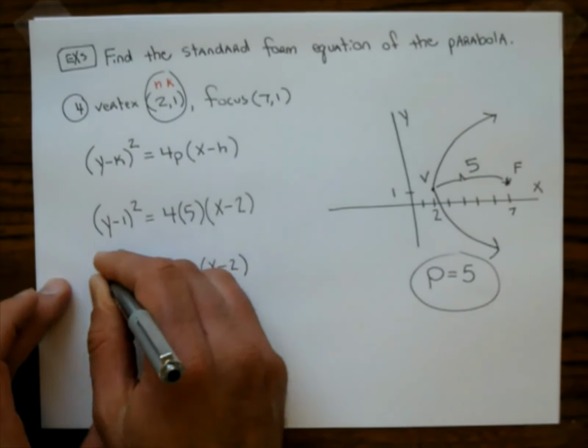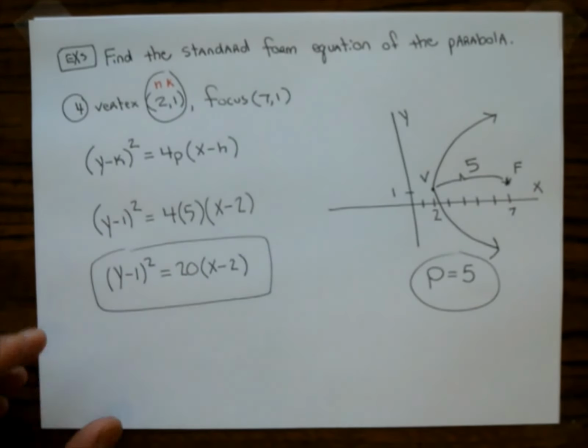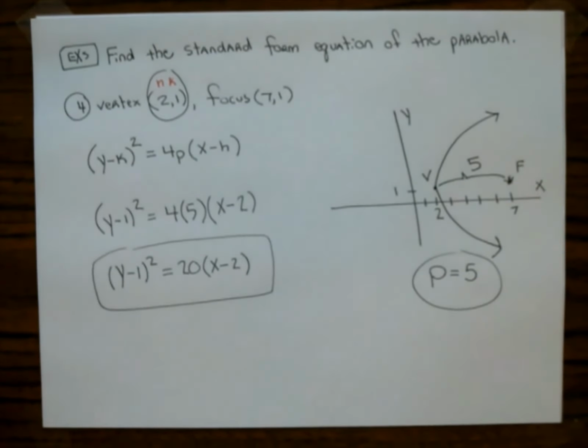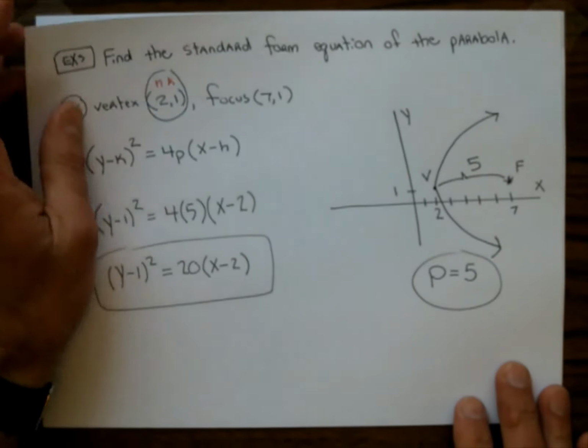Now the funny part about this is that is your answer. You're not going to try to distribute the 20. This is exactly how they want the answer, and you're done. We found the standard form equation of the parabola. Let's go ahead and do the next problem.